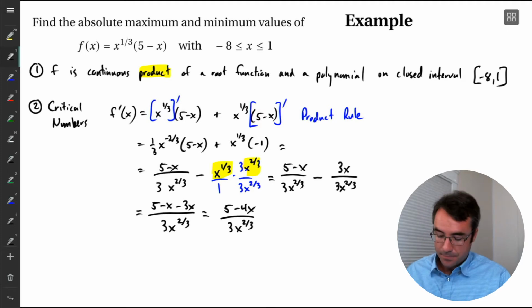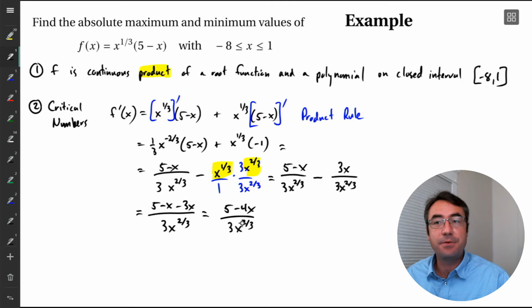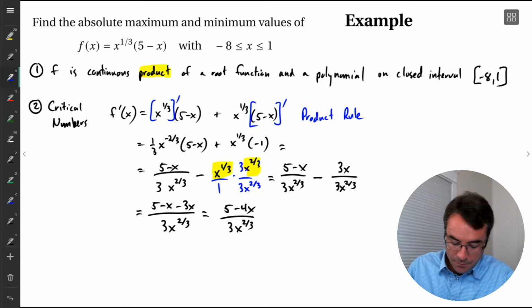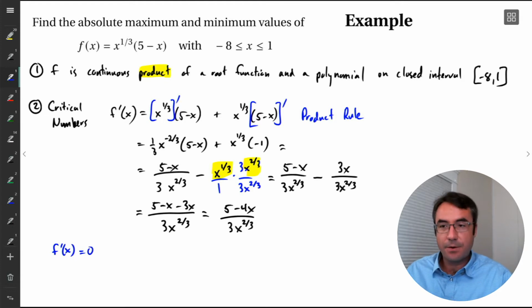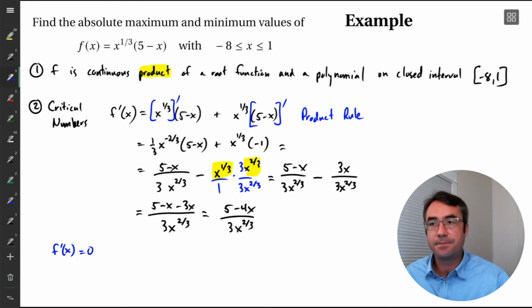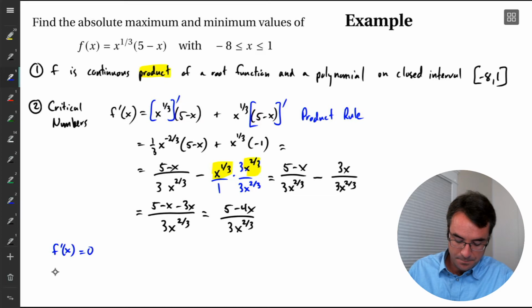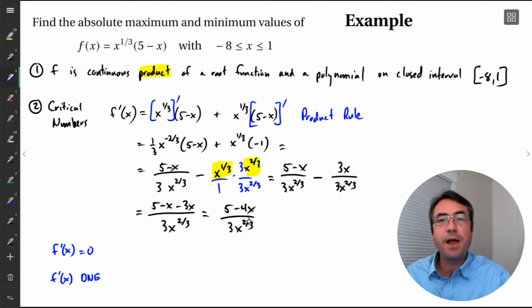And so we have this nice simplified derivative. We want to figure out where is the derivative 0, and where is the derivative undefined? When we work with a fraction, the way a fraction can be 0 is if the numerator is 0.